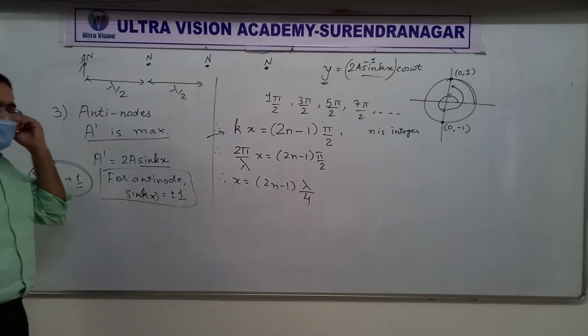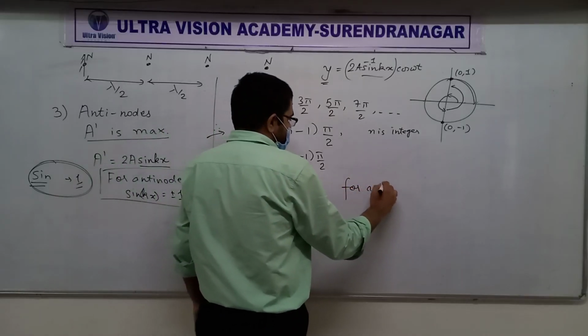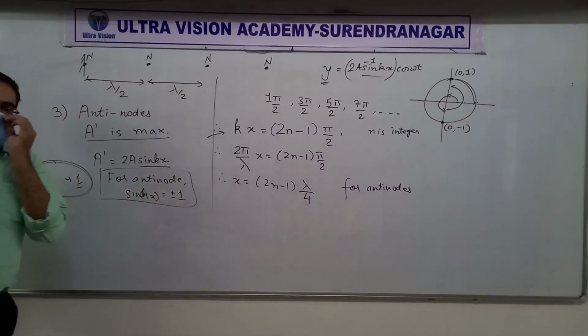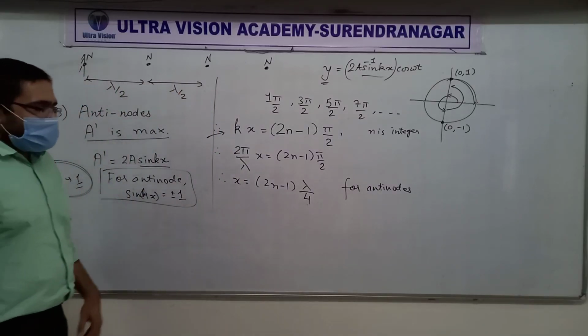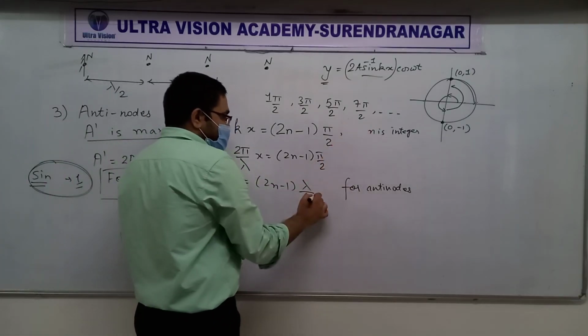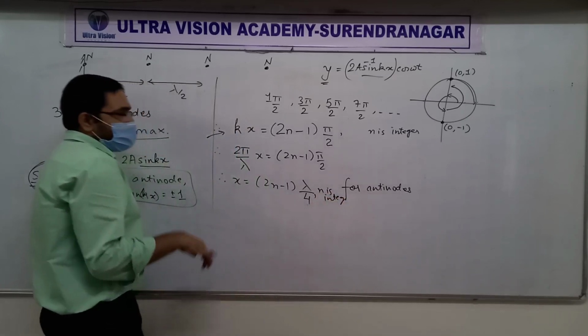Alright, this is the value of x for antinodes, right? Now let's put n as integers here. Let's start with 1.